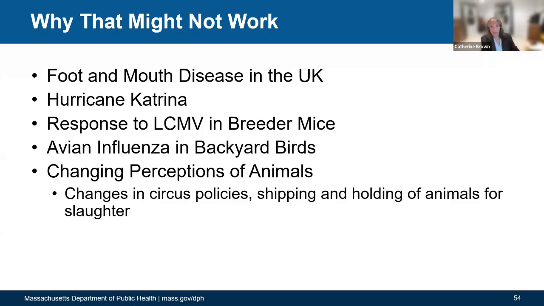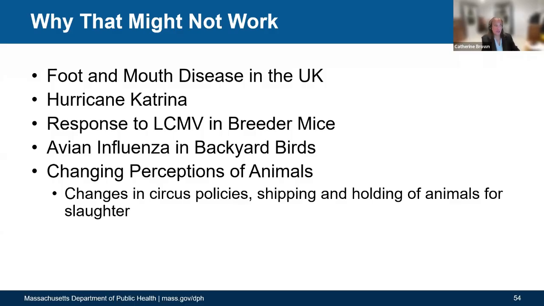Avian influenza in backyard birds, right? Commercial poultry flocks get euthanized to help prevent the spread of the disease, but it's a commercial decision. It's really to save money. But in backyard flocks, these people love their birds. And so there has been a move to develop a different approach. Don't just kill them, but separate them out and test each animal until they become negative, and then the animals are allowed to live.